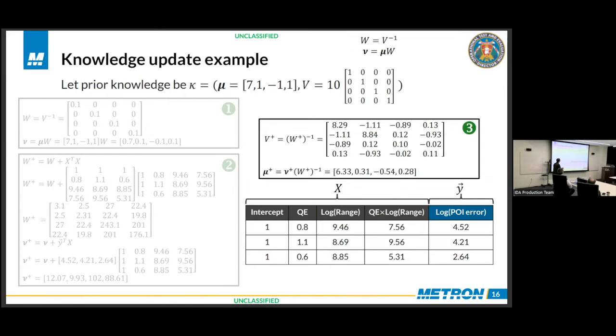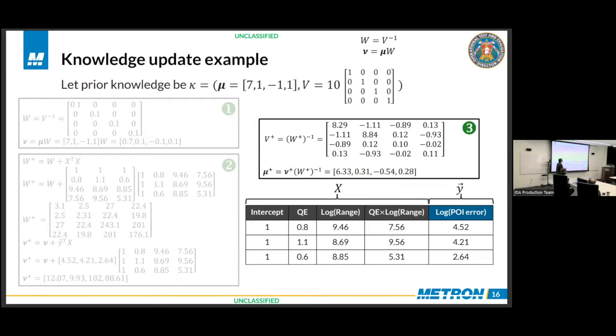We went from 7 to 6.33, 1 to 0.31, and so on. But if we look at the variance matrix and just focus on the diagonal components, before v was all 10s, and now for the first 2 components, which relate to the parameter for intercept and quadrant elevation, the variance went from 10 to 8.2 to 8.8. The variance decreased a little bit.